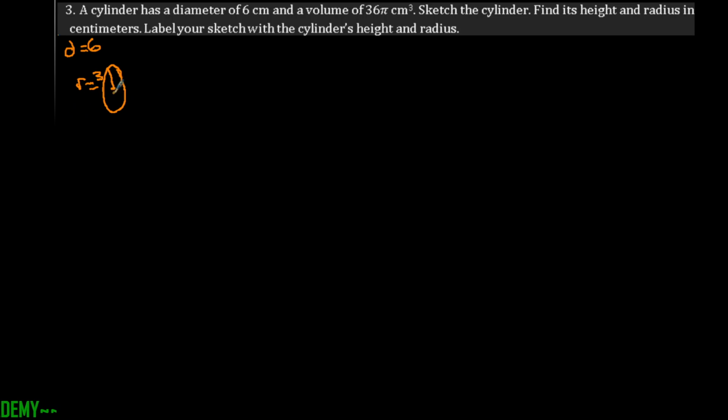So the radius for this one is 3. Here we draw our cylinder, with that dashed line oval on the other side, and our height we don't know yet. So we're looking for height. However, we do know that the volume is going to be 36 pi. So let's remind ourselves, the volume of the cylinder is going to be the area of the base times the height.